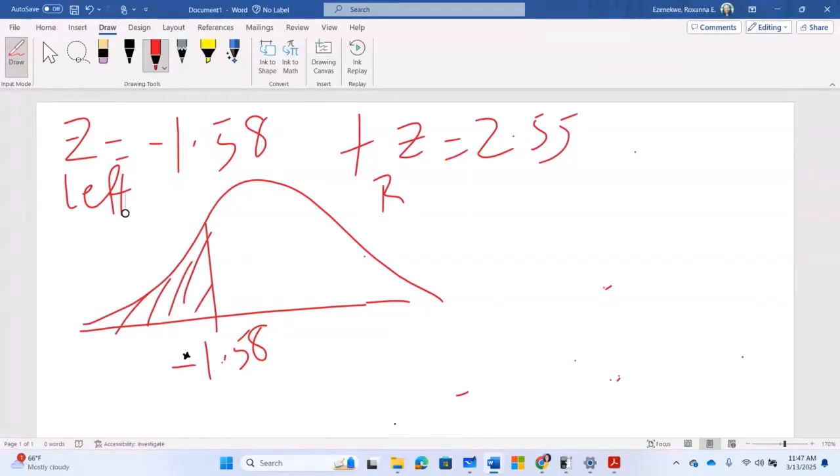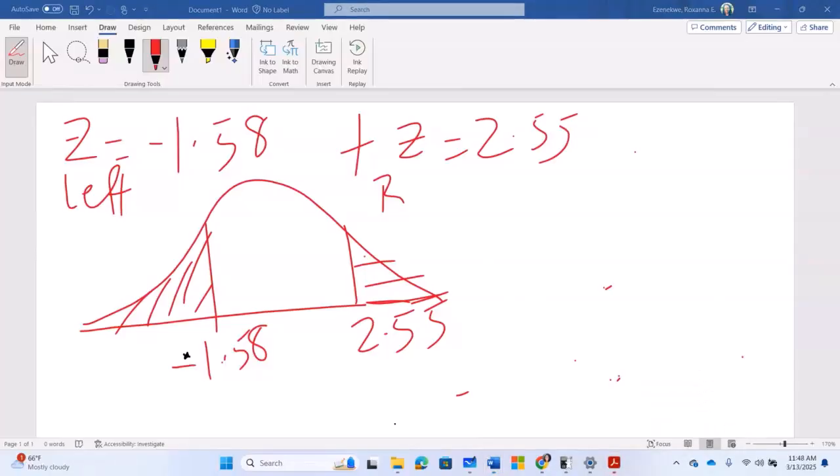And then to the right of 2.55, the shaded region. So I'm looking for two areas. When I finish, I add them together. When I'm looking for this area, I just get the cumulative area. So I'll get the area to the left first.